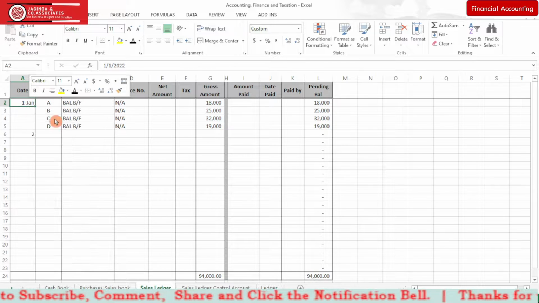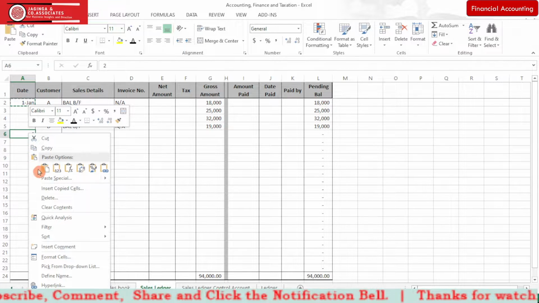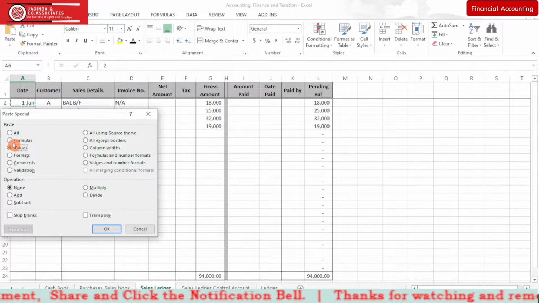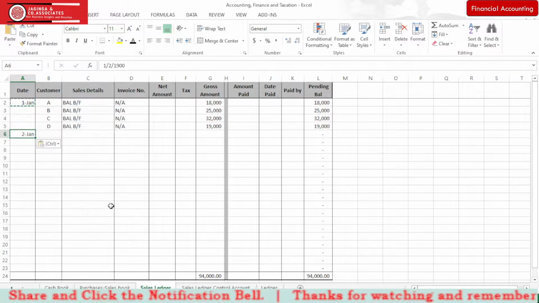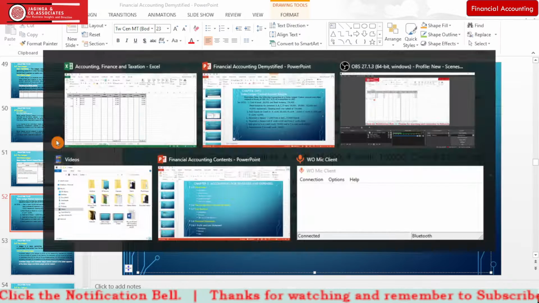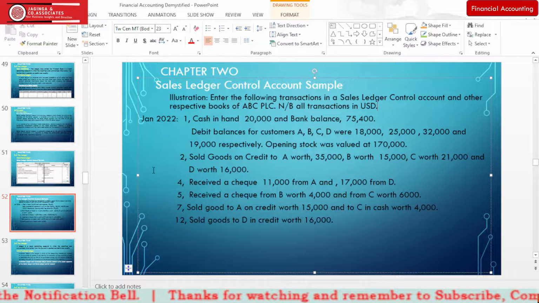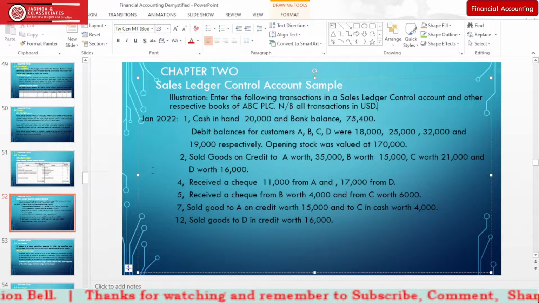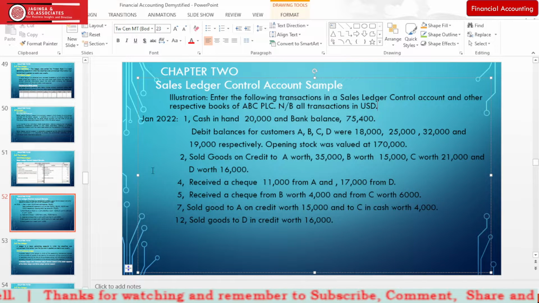Let me copy this one and special paste the format. That is 2nd of January. Sold goods on credit to A 35,000 and B 15,000.